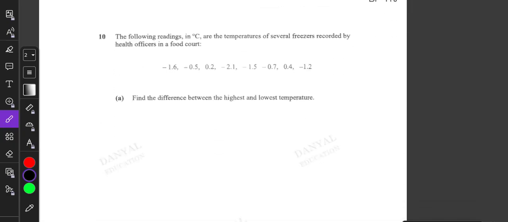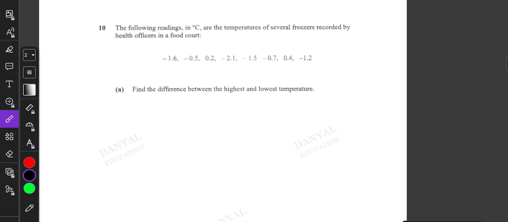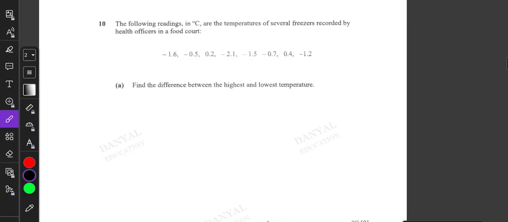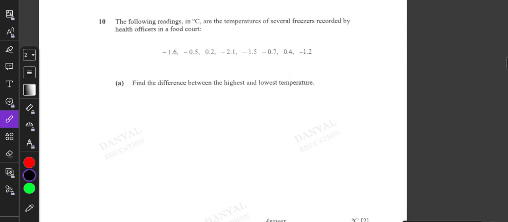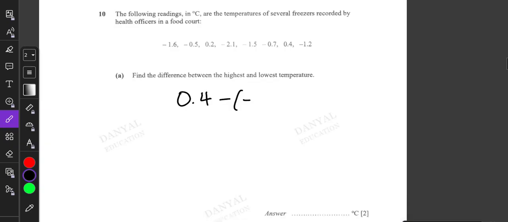The following readings in degrees Celsius are temperatures of several freezers recorded by health officers in a food court. Find the difference between the highest and lowest temperature. Highest temperature is 0.4, and the lowest will be minus 2.1.